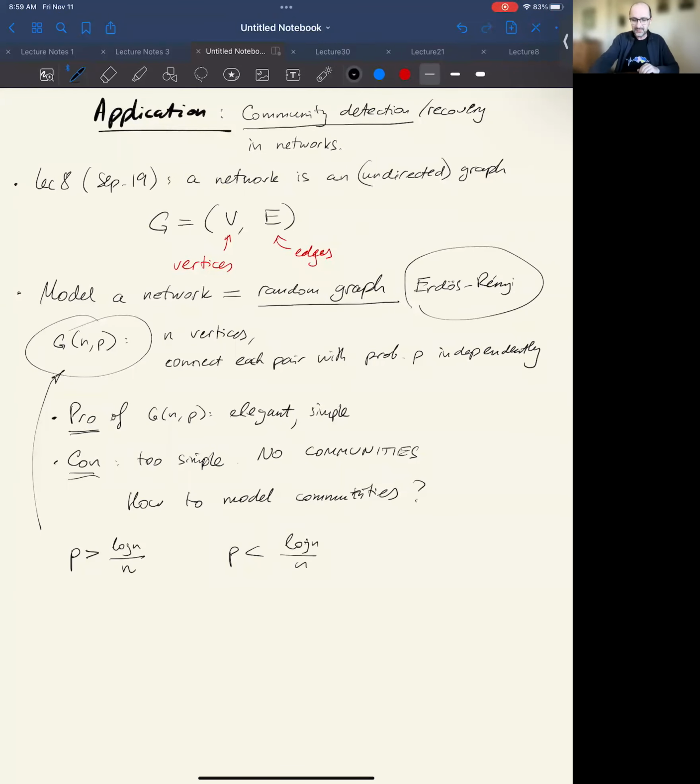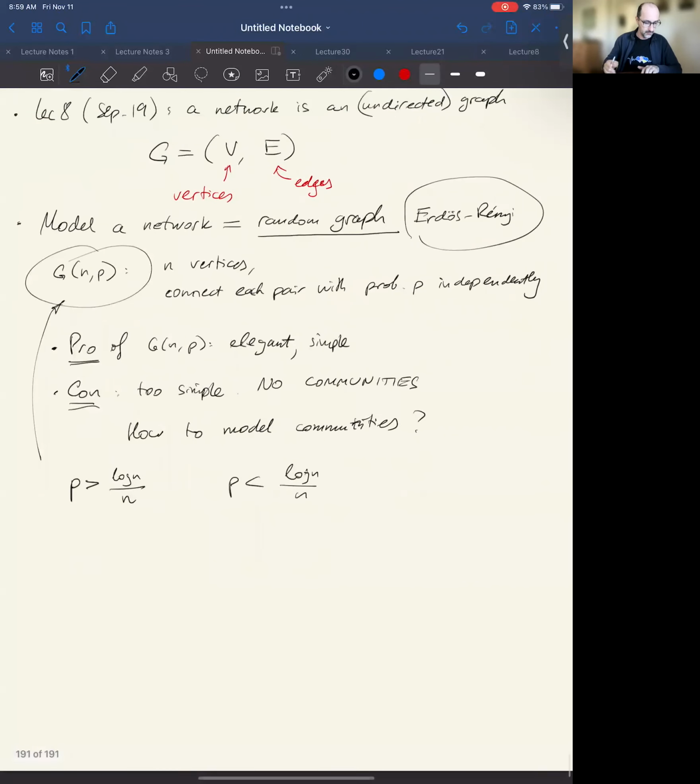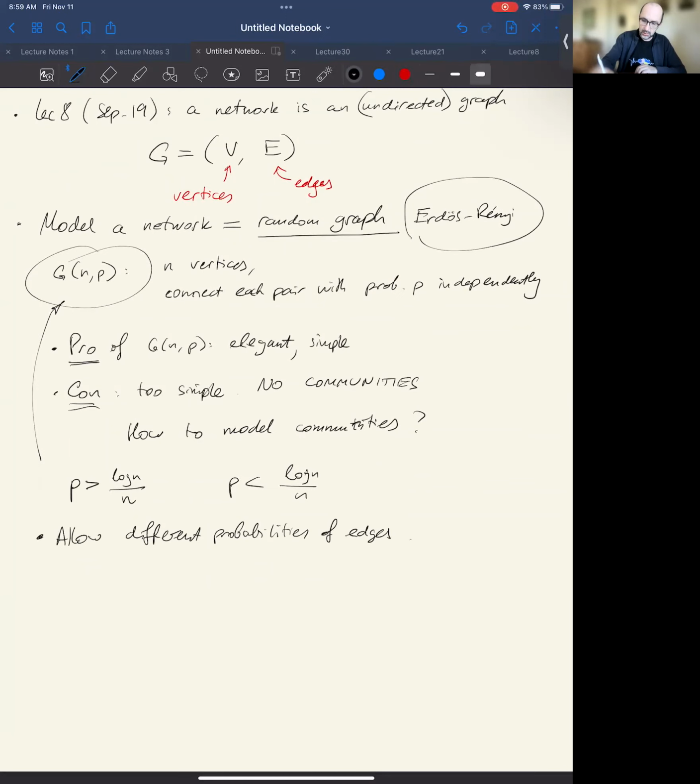So that's the idea. So we can allow different probabilities of edges.